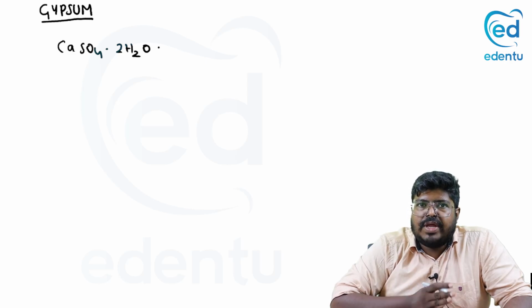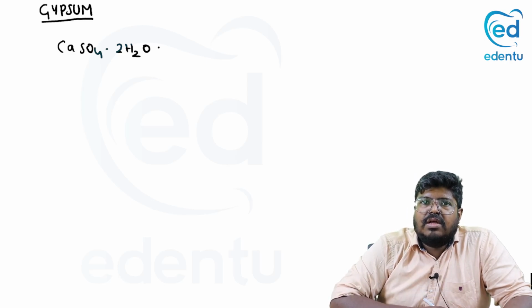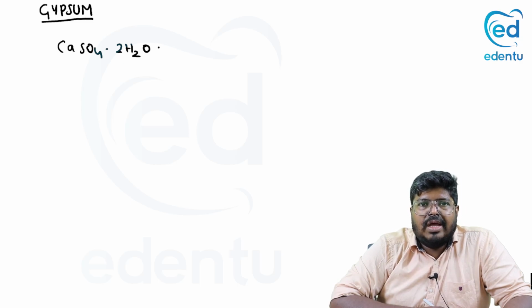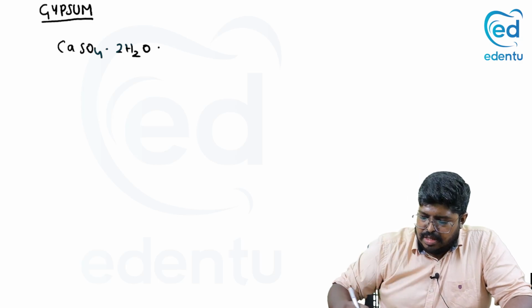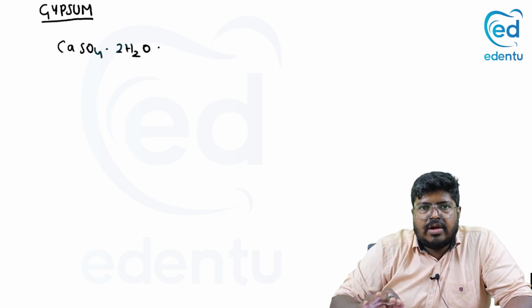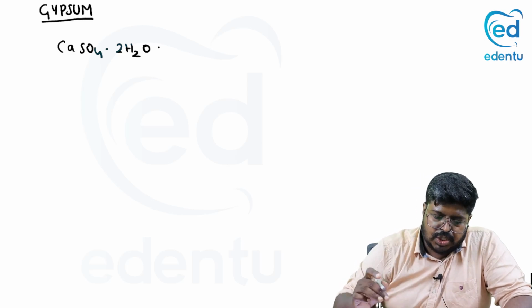So remember, whenever you write gypsum product, the formula for this is going to be CaSO4 2H2O, right? I said that earlier because you'll also hear about calcium sulfate hemihydrate and dihydrate. I don't want to confuse. So the gypsum raw product will be CaSO4 2H2O.